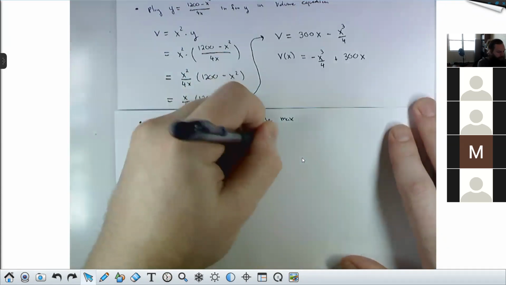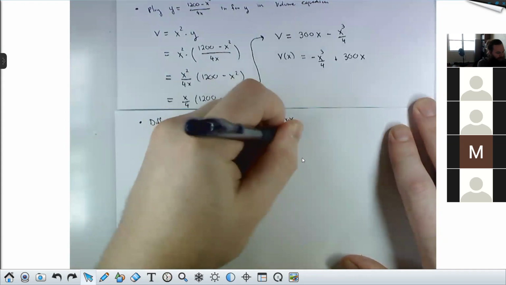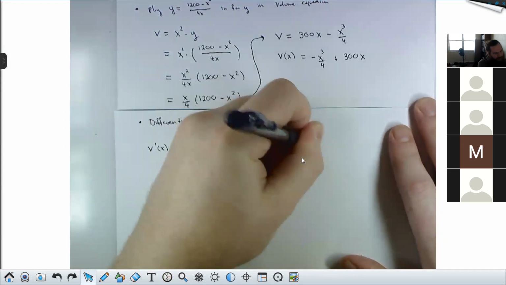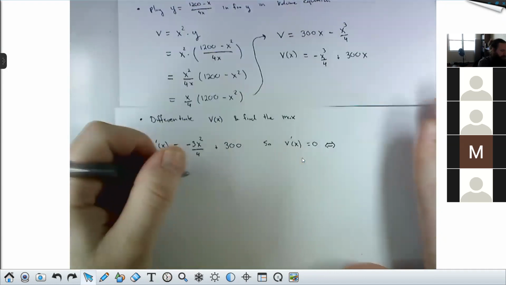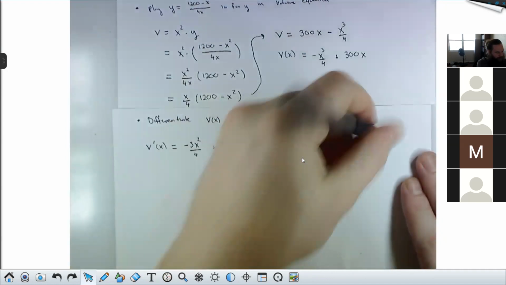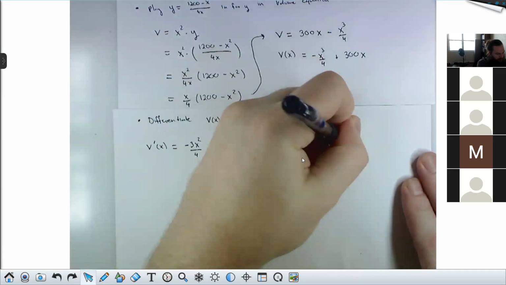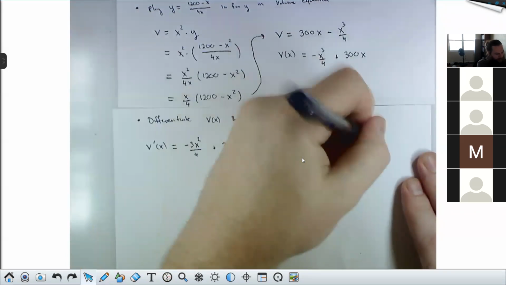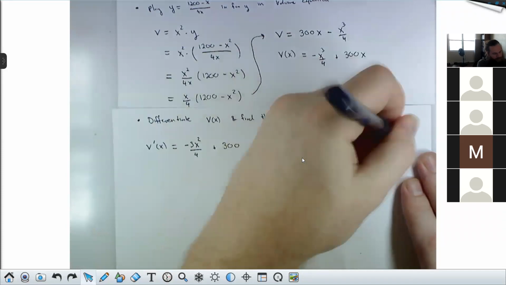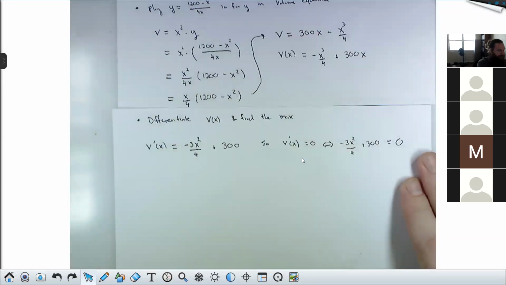So v primed of x is equal to 0 if and only if negative 3x squared over 4 plus 300 is equal to 0.